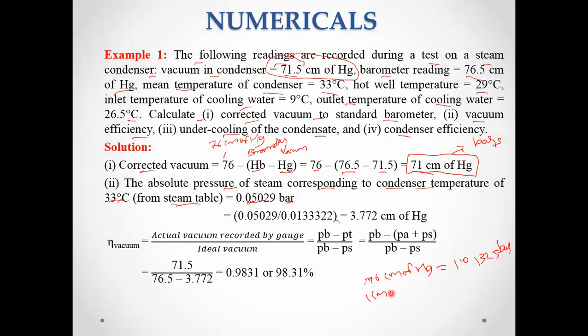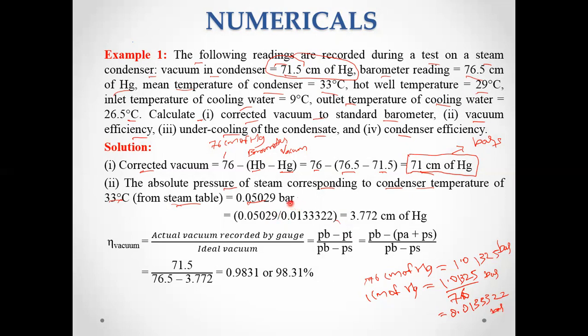So 1 centimeter of Hg will be equal to 1.01325 divided by 76 bar. If I substitute this value, 1.01325 divided by 76, I will get 0.0133322 bar.